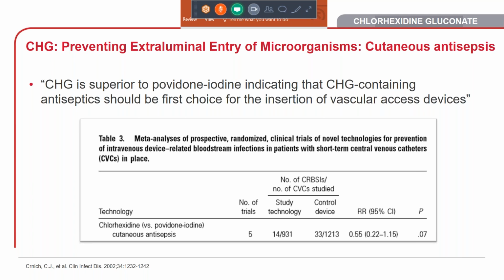There were 5 randomized controlled trials which specifically examined chlorhexidine's role in the prevention of intravascular device-related bloodstream infection involving central venous catheters and arterial catheters. A meta-analysis of these 5 trials found that a chlorhexidine-containing antiseptic is superior to iodophores. Here you see the risk ratio of 0.55, indicating that there was a 45% reduction of these infections seen with the use of chlorhexidine over povidone iodine.